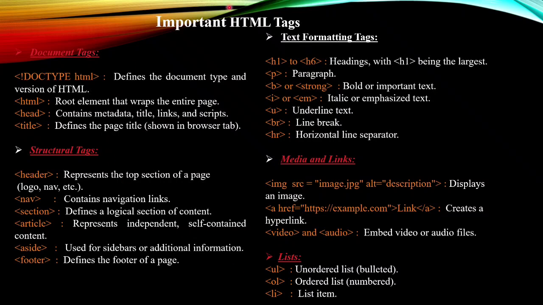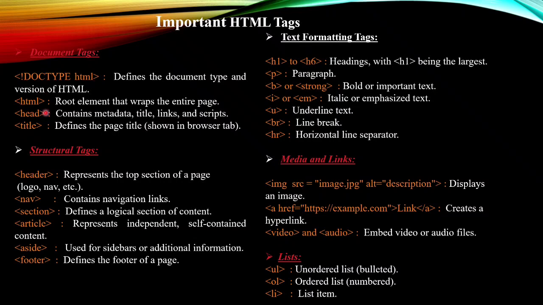Next, we will see the important tags of HTML. First is document tags. Doctype HTML defines the document type and the version of HTML, which is present at the top of the HTML document. The HTML document will start with this tag.